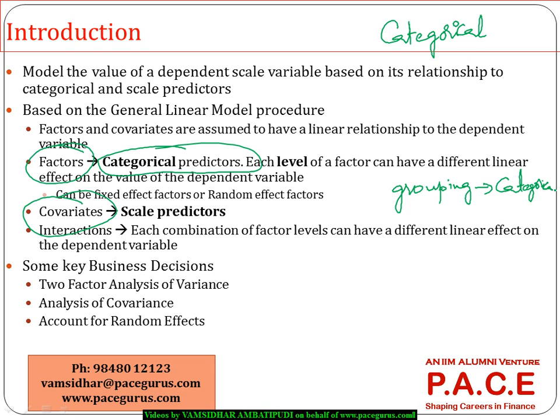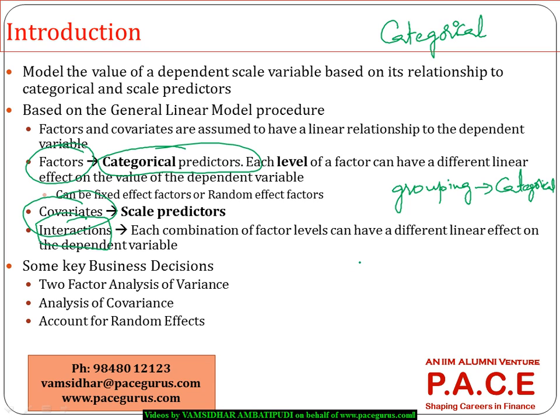And the major important thing in two-factor ANOVA or any general linear model is that we also look at the interaction between those two independent variables which we are considering.